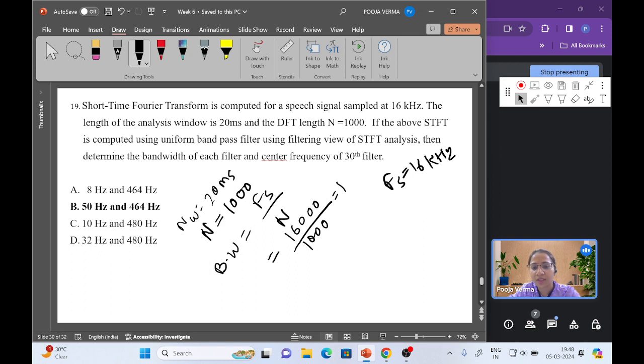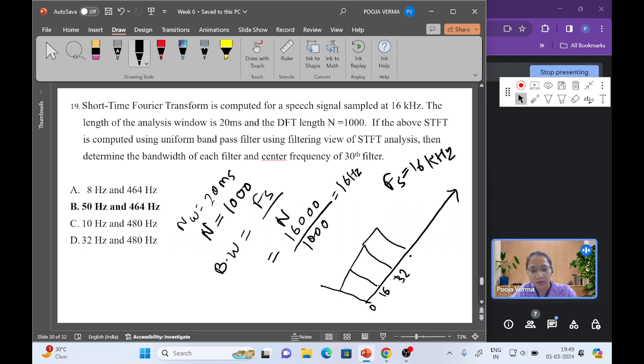So we get 16 hertz. That means the filter centers are at 0, then 16, then 32, then 48, and so on.